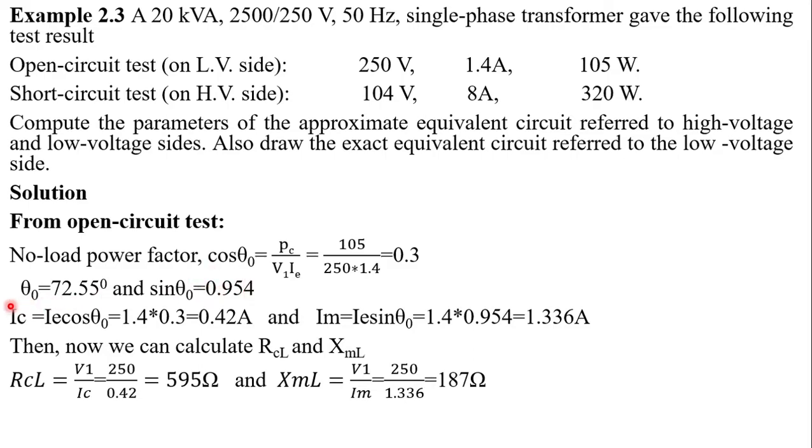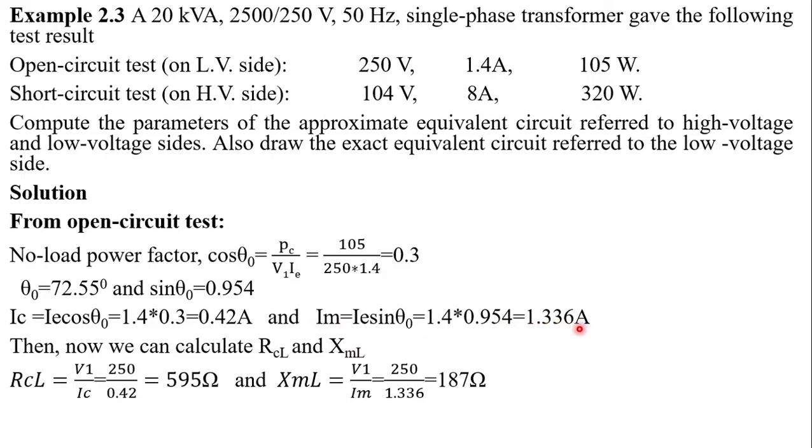If we determine the cos theta or the power factor, we can calculate the core current and magnetizing current. The core current is determined based on the data given above: Ic, which is equal to 1.4 multiplied by 0.3, is this value, and the second one is Im, the magnetizing current, which gives 1.336 amp.